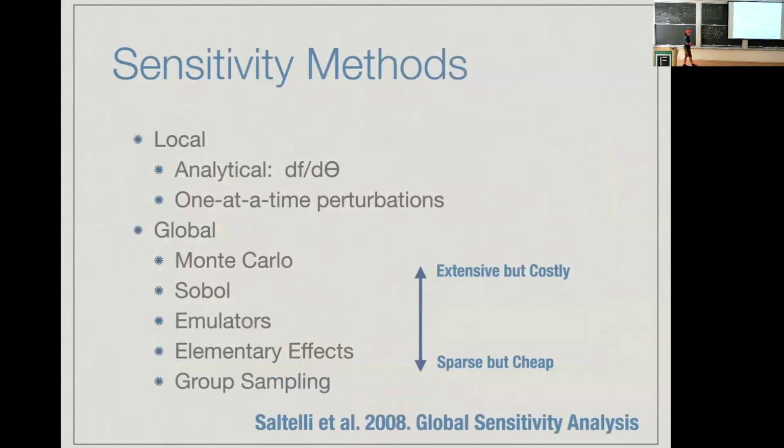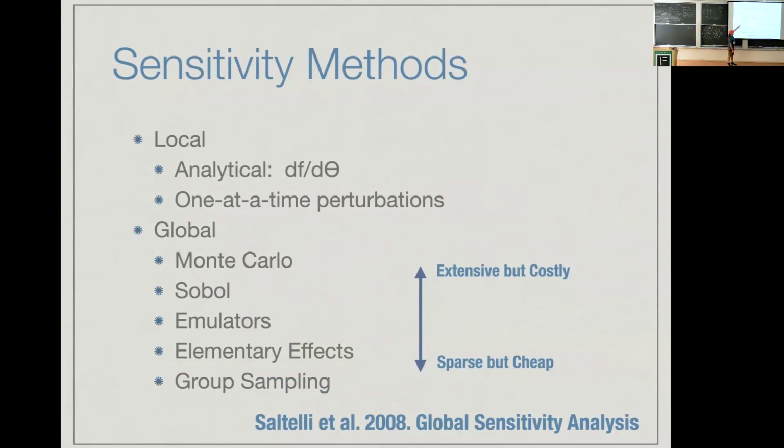There's a whole range of global sensitivity analyses, and I highly recommend the Saltelli book, which, if you poke around a little on the internet, you can find a PDF version of for free pretty easily, because it covers a wide range of different sensitivity analysis methods. This is just a subset.